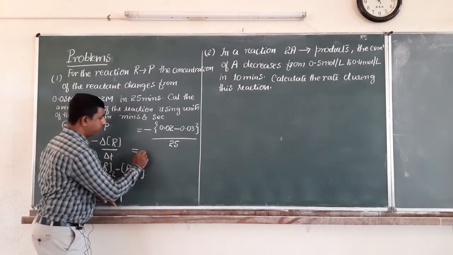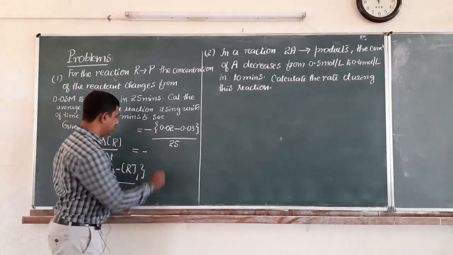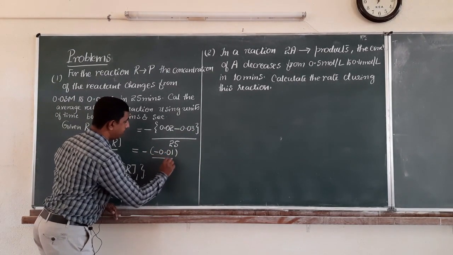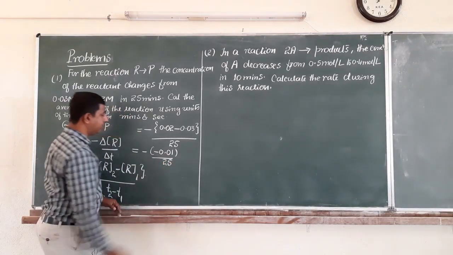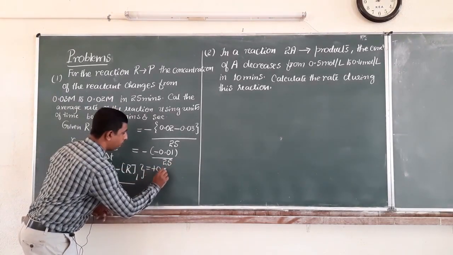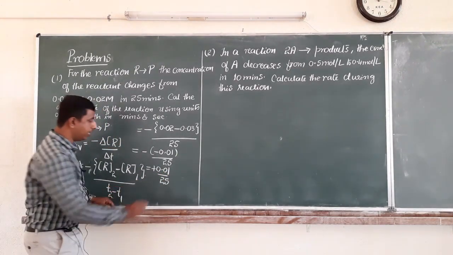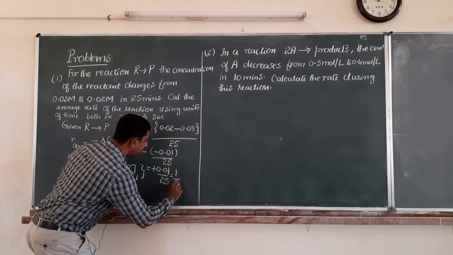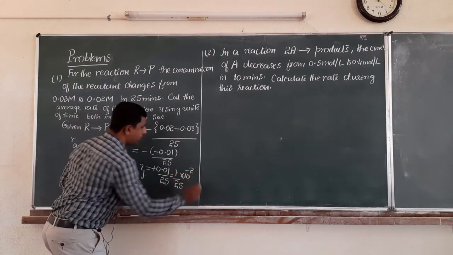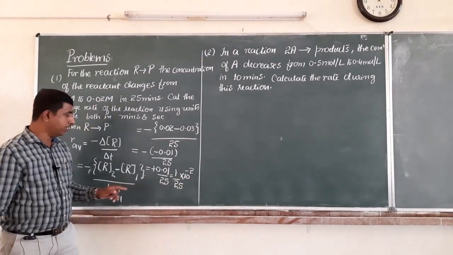It is equal to minus, 0.02 minus 0.03, that is minus 0.01, divided by 25, or it is plus 0.01 divided by 25, or I can write 1 by 25 into 10 to the power minus 2.